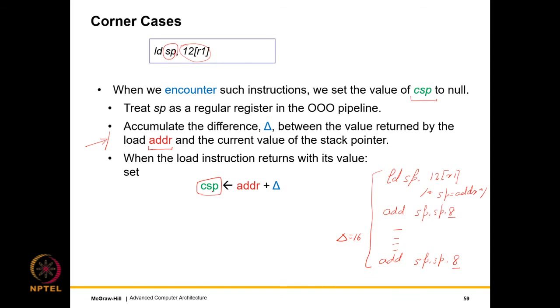So the advantage over here is that we are sending as few instructions involving the stack pointer to the out of order pipeline as possible, and nevertheless we will have corner cases, that is why they need to be handled. But a smart compiler will not generate code like this, because it would know that this would entail additional work on the side of the processor, and hence it is not desirable to produce this kind of code, so it will not do it.